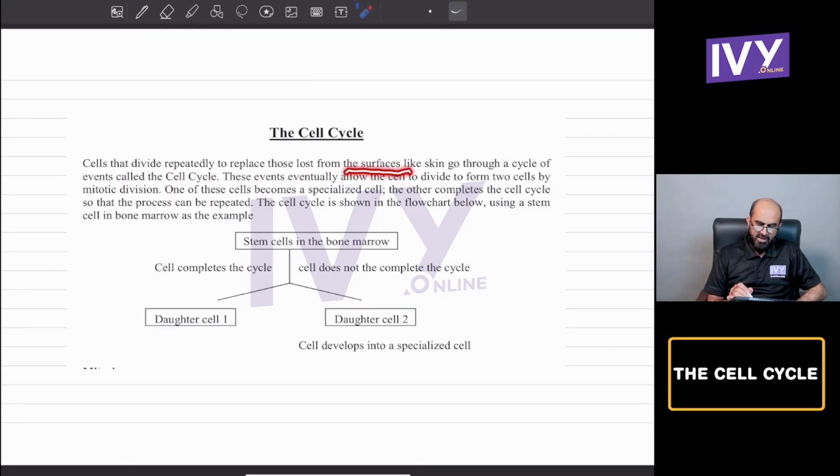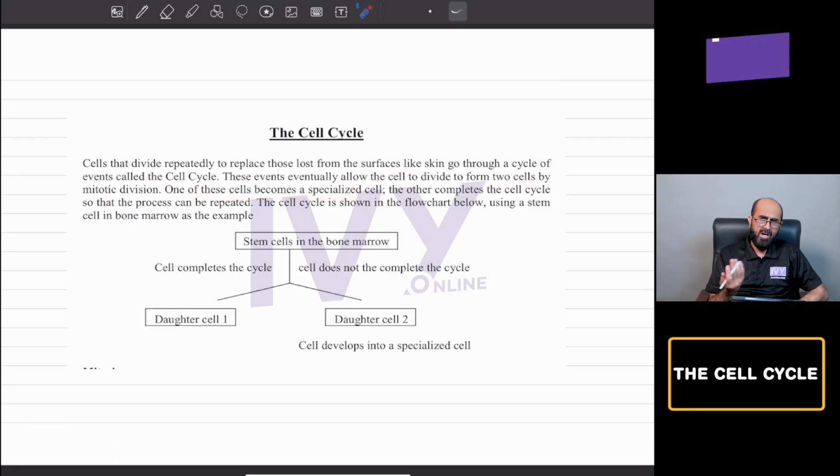Cells like those of the skin go through a cycle of events called the cell cycle. These events eventually allow the cell to divide to form two cells by mitotic division. In mitotic division, identical cells are formed because the DNA is exactly copied. One of these cells becomes a specialized cell, but not necessarily.